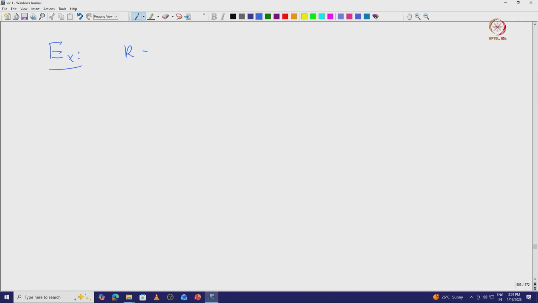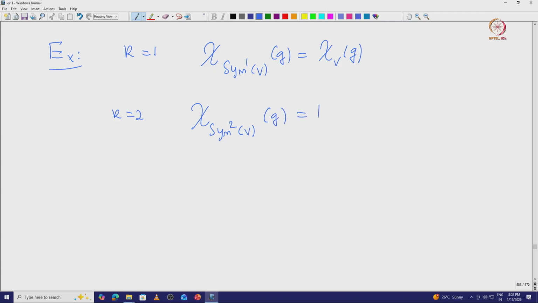So when k equal to 1, we know that Sym^1 is nothing but V itself. So chi of Sym^1 V of g is exactly going to be chi_V of g. And for k equal to 2, this is something we already verified. Chi of Sym^2 V of g is given by one half times chi_V of g squared plus chi_V of g squared. So this is something easy to verify, and here is the new formula for k equal to 3.